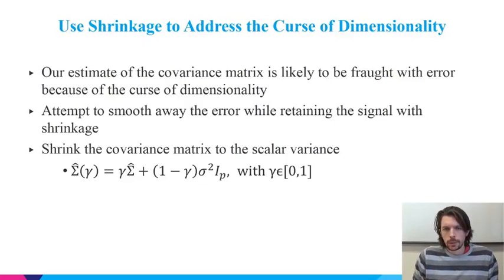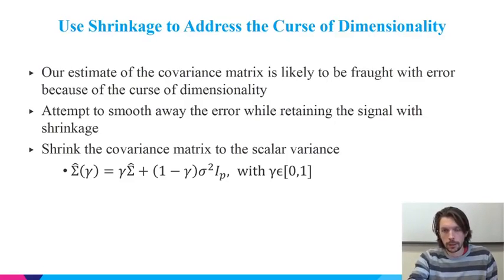So what we do is we use a process called regularization or shrinkage, in which we essentially apply a smoothing filter to the covariance matrix. We try to smooth away the errors while retaining the signal. And this is done very simply by replacing the covariance matrix with a mixture of our estimated covariance matrix with a diagonal matrix.